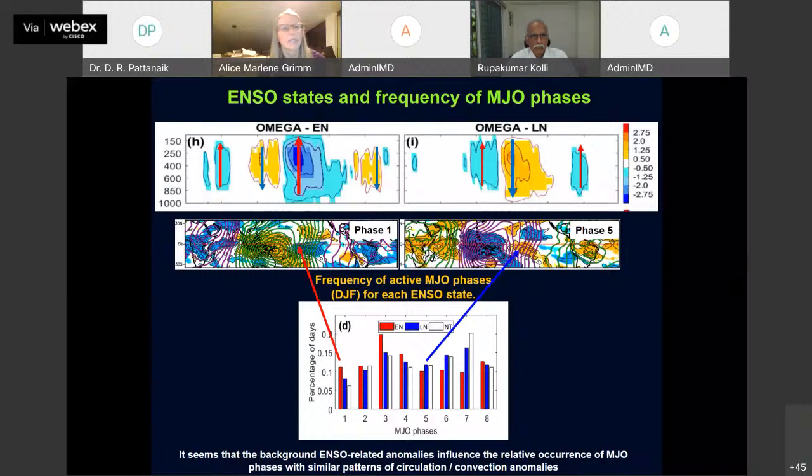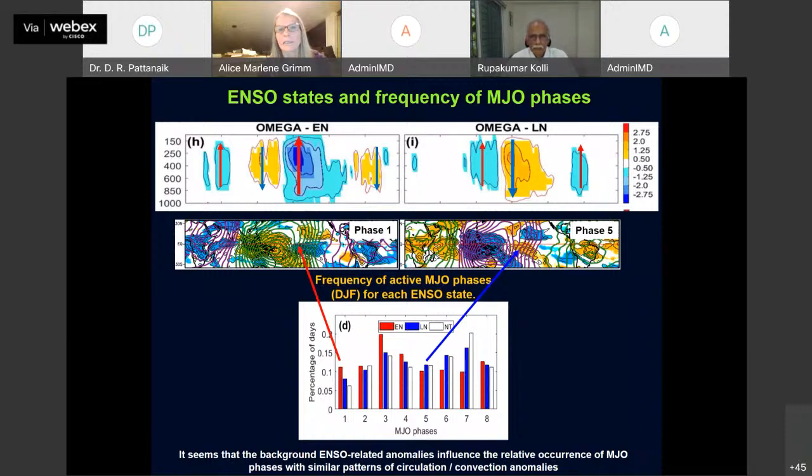For instance, suppressed convection over the equatorial Eastern Indian Ocean, Western Pacific and maritime continent, while enhanced convection predominates over the equatorial Central Pacific, which is something that is observed here during El Niño.